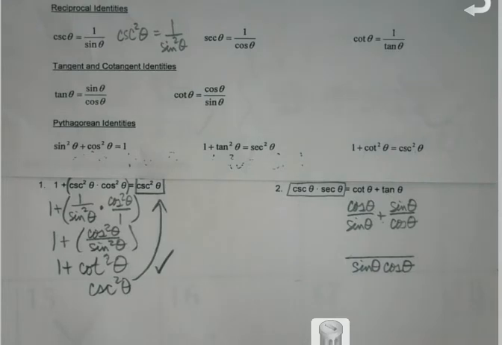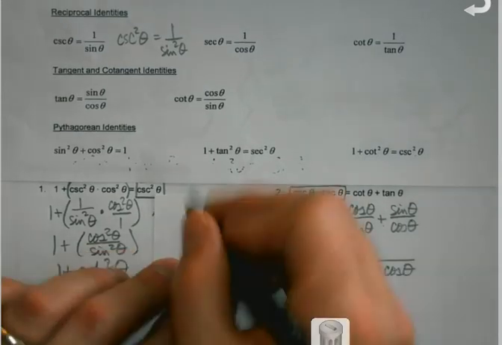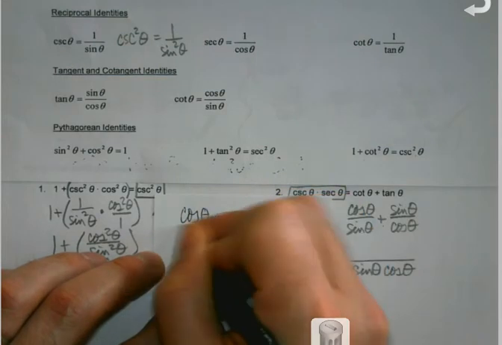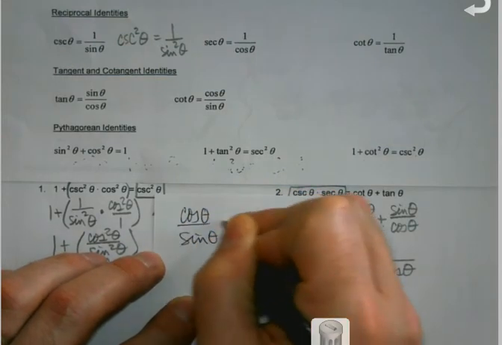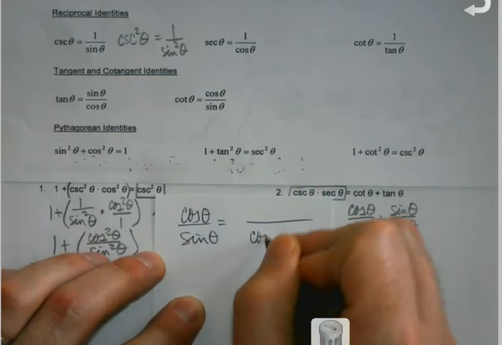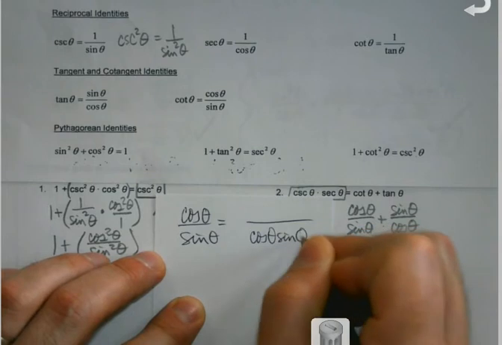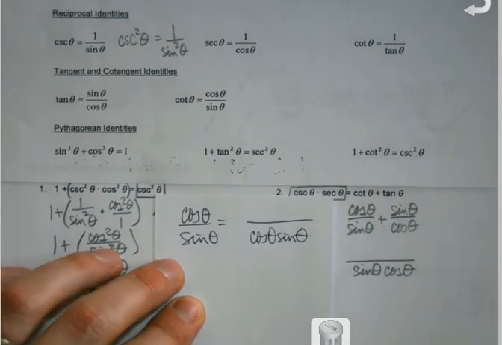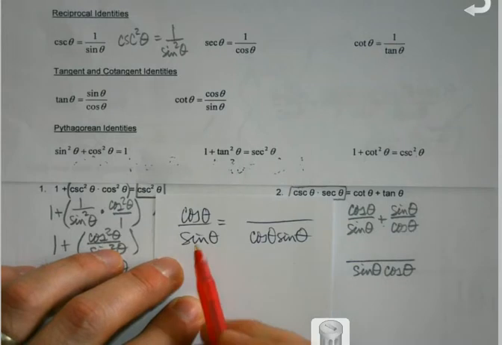So here comes the question, and it might be one where I want to do a little bit of side work. Because I might say, okay, so I'm starting with cosine over sine, and I want to get to cosine sine. What do I have to multiply the first denominator by to get to the second?